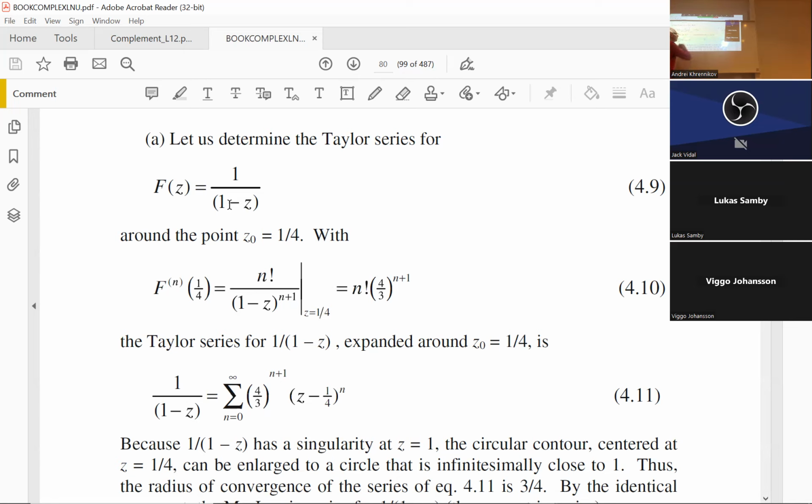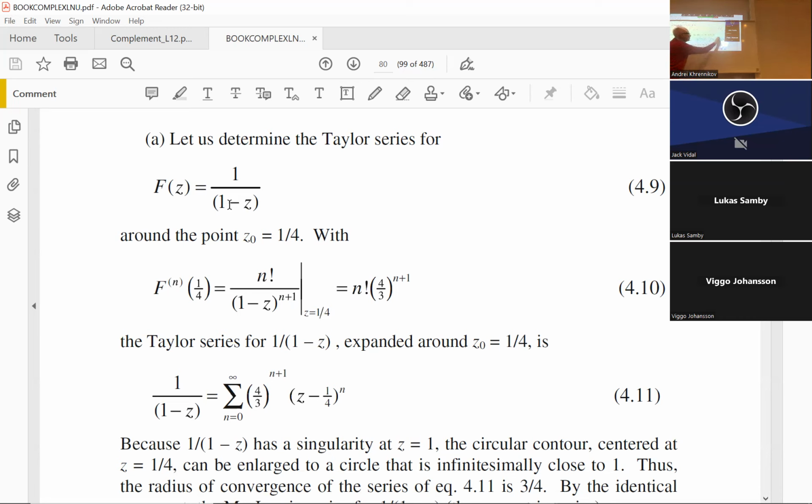Then I take this away, so it is 1 divided by 3/4, and here is 1 minus (z minus 1/4) divided by 3/4.